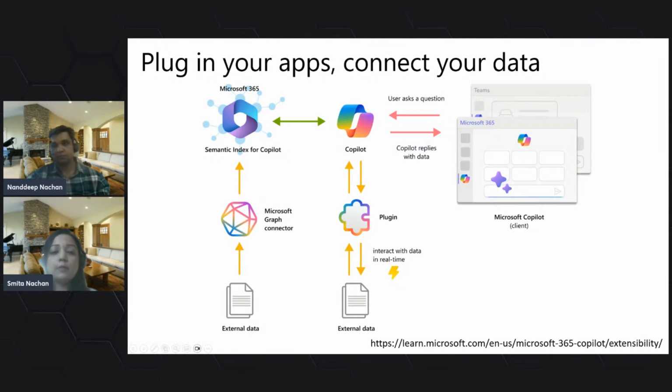Also, you can perform actions across apps, such as creating a new task in your organization's work tracking system. You can build plugins by providing a Microsoft Teams message extension or a Power Platform connector. And if you already have a message extension or Power Platform connector, then you already have the foundation to create a plugin for your Copilot.